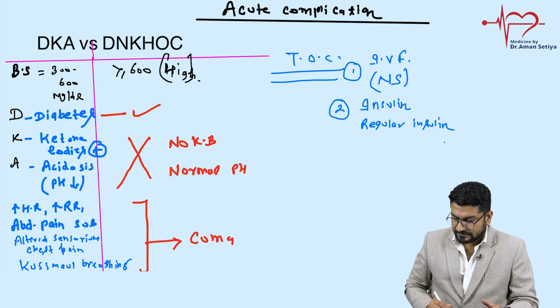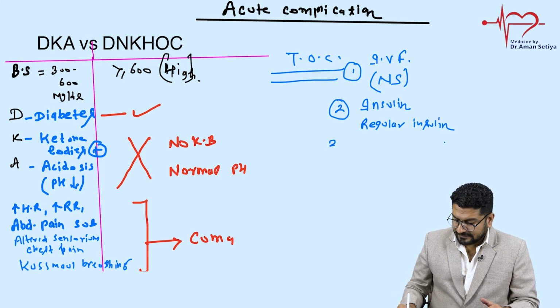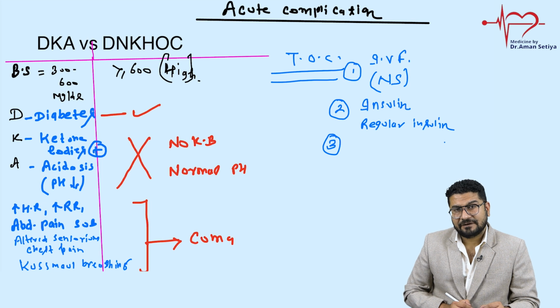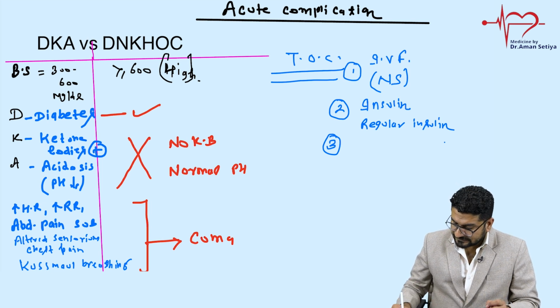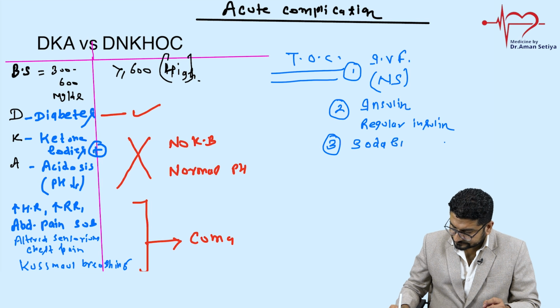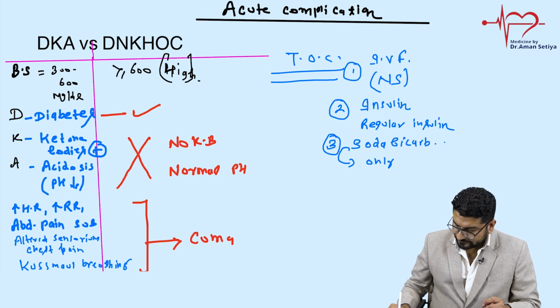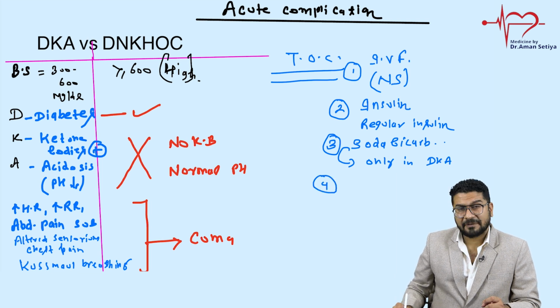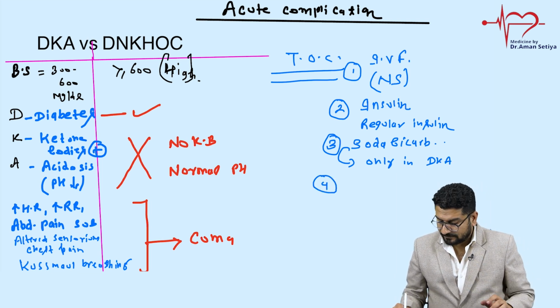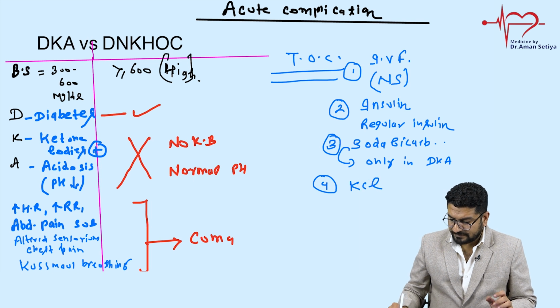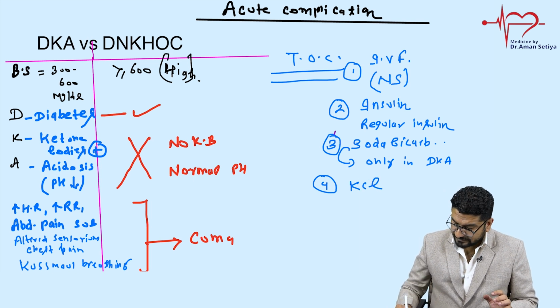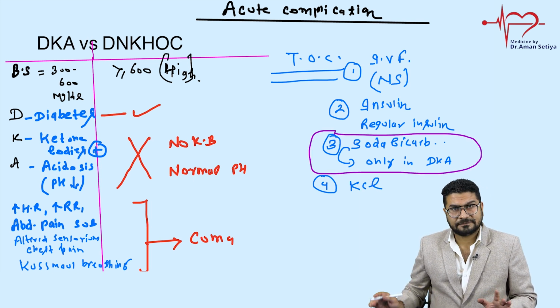Then in DKA, the patient has a low pH, so we give soda bicarb only in DKA. And fourth, insulin can decrease potassium, so we can also give KCl supplementation. Soda bicarb we give only in DKA, other things we give in both.